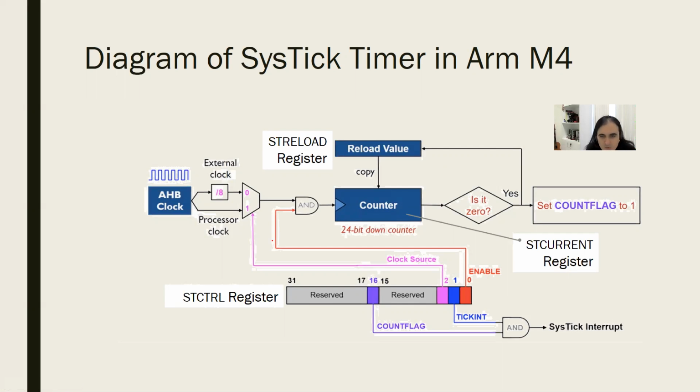Guys, this is the counter. So this is the current register. And this is the ST reload register, this one. This is the current register. As you can see, there are nice arrows showing it. Okay. And this is the control register. So this is the first register. This is the second register. This is the third register we have learned.